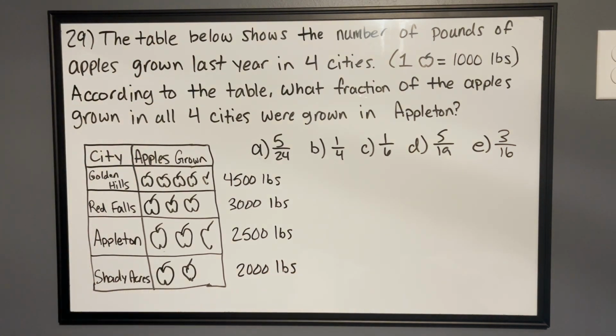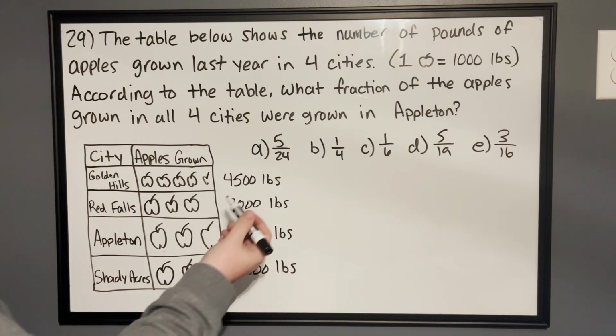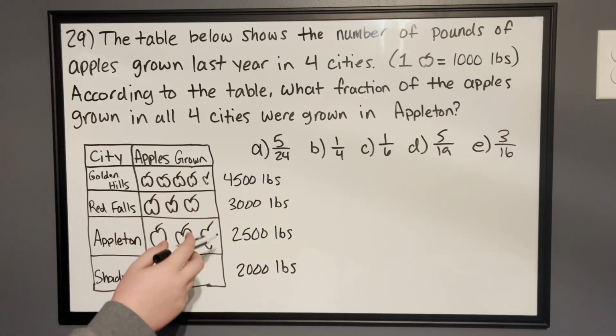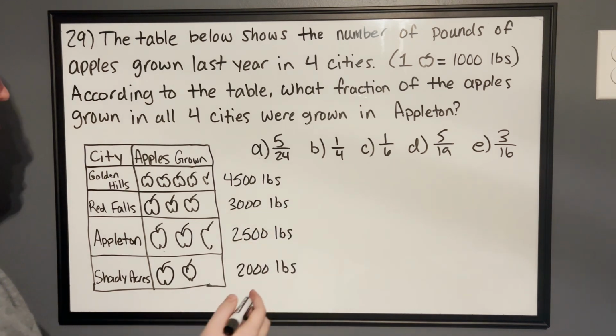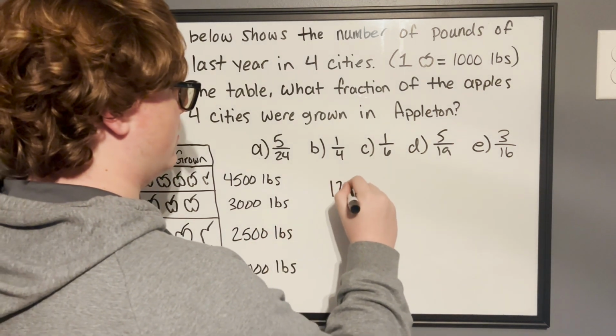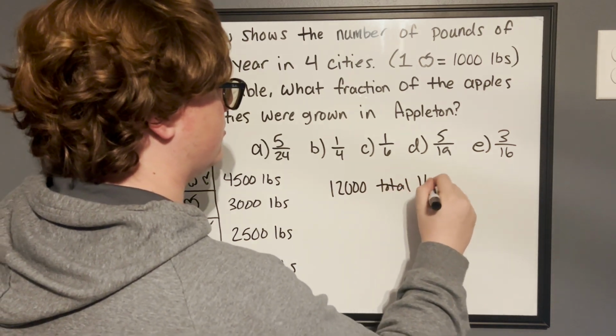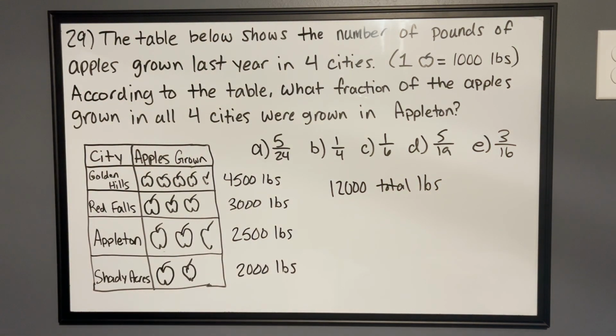So across all of them, we have 4,500 and 2,500, which is 7,000 pounds, plus another 5,000, which is 12,000 total pounds. And we're trying to figure out what fraction of the apples were grown in Appleton.